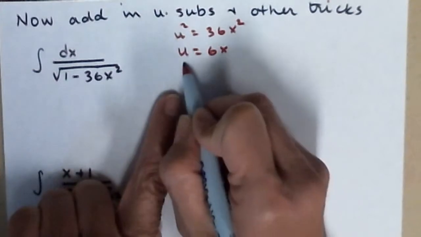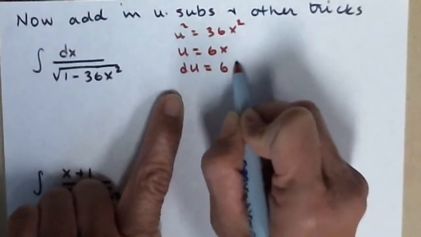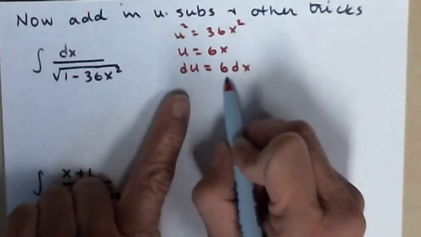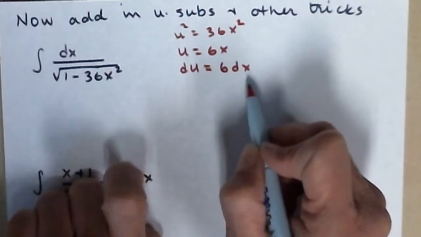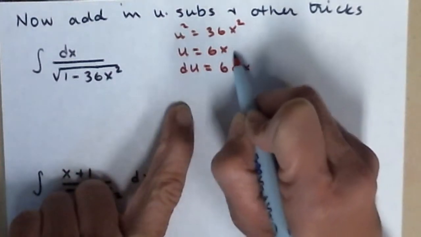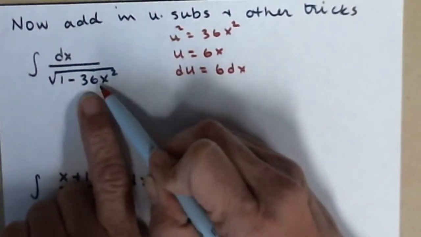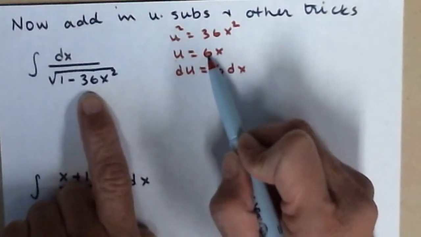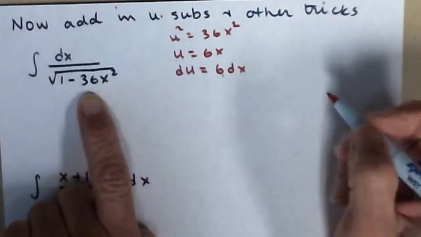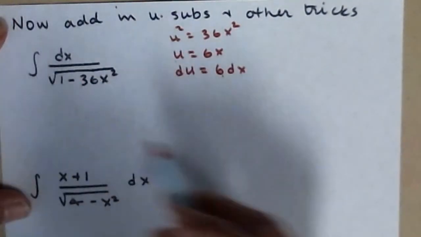But if u is 6x, then du would be 6 dx. Remember, when we're doing a u sub, the only thing we're allowed to fudge factor with is a constant. So you heard me pause there. It's like, oh my gosh, am I going to get an extra x there? But that's right. It's u squared, but du is still just 6 because the derivative of a linear function is the coefficient. So 6dx. So that I can fudge up here.